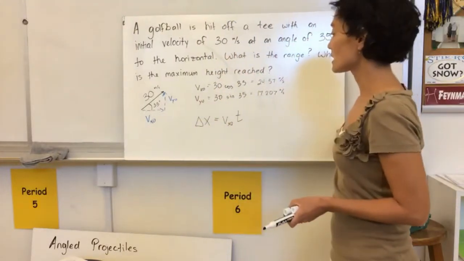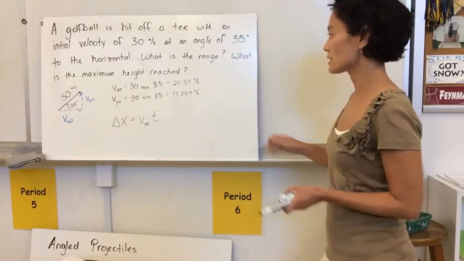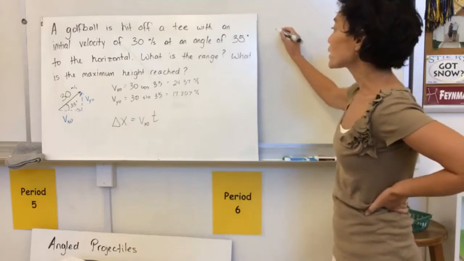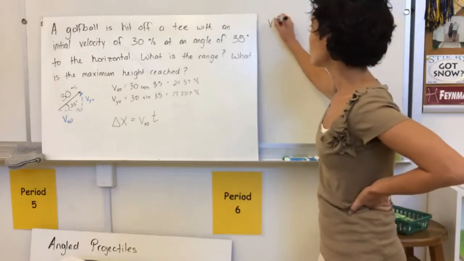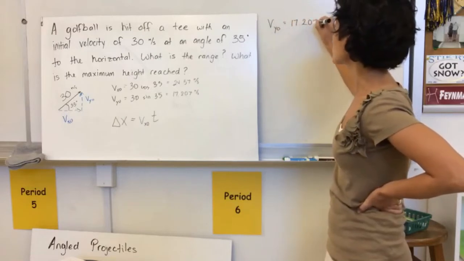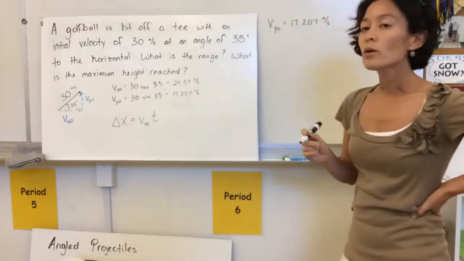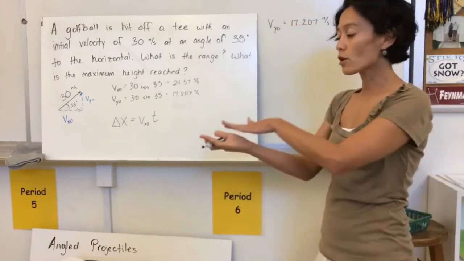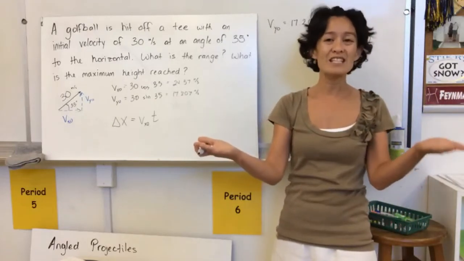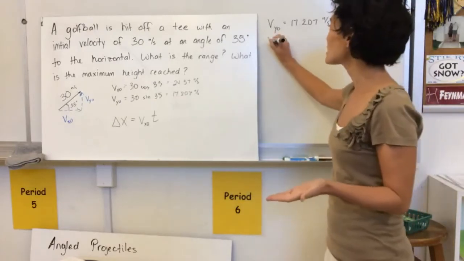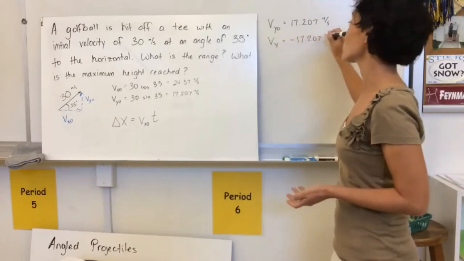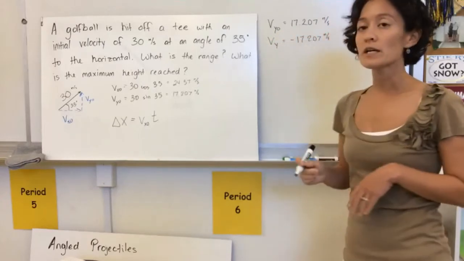So I'm going to slide this over, and hopefully that is enough room to be able to do the problem over here. Looking at my y values, I know that my Vy naught is 17.207 meters per second. What I also know is that if this golf ball goes from here back to here, when it hits the ground, its final y velocity is just going to be negative 17.207 meters per second, because of that symmetry.